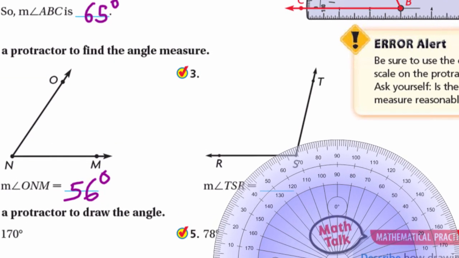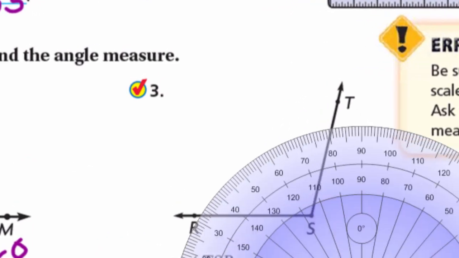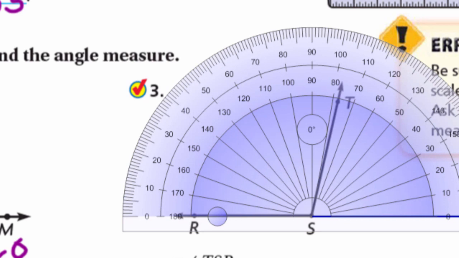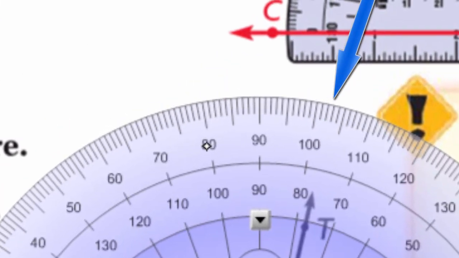Okay, the other one, angle TSR. We place the center on the vertex S, and we align the 0-degree mark on ray SR, and we count from this 0. Okay, 0, 10, 20, 30, 40, 50, 60, 70, 80, 90, 100.